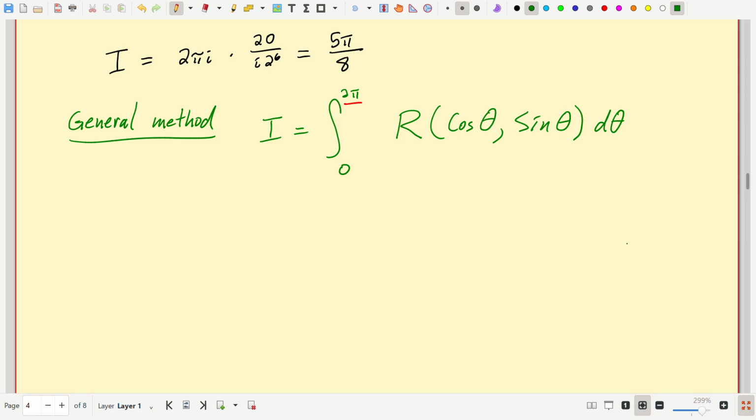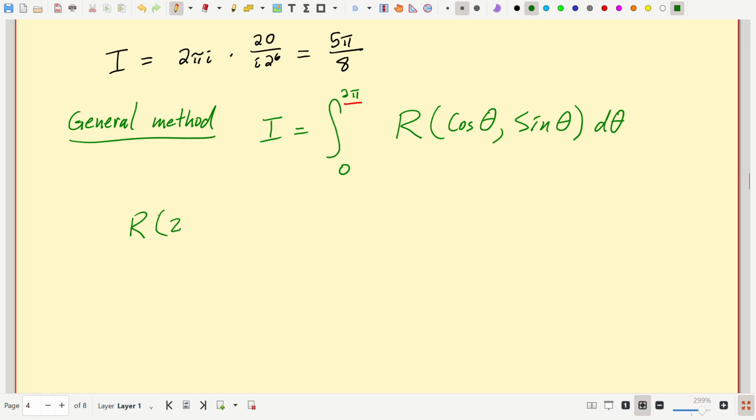Then, what do we do? Let's see, that rational function should have no singularities on the unit circle. So our rational function, it's a rational function of two variables.